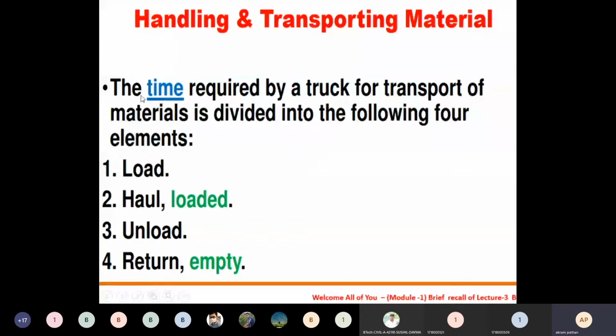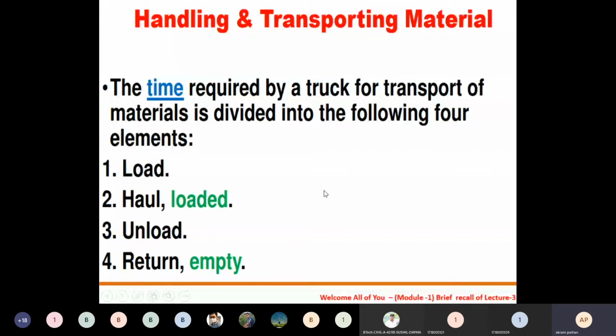We also saw in the last lecture handling and transporting material. The time required by a truck for transportation of material, for example from your mine or from the suppliers, depends upon four factors. First is the loading, if you want to load the material at the supplier or at the mine itself.